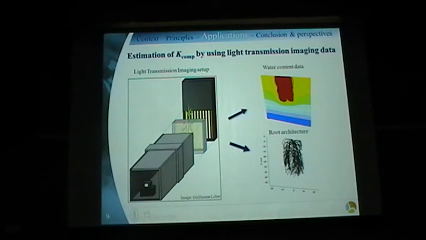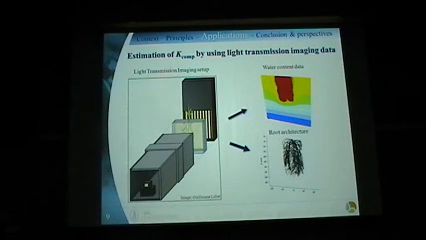During a drought experiment of 3 days, thanks to pictures that we take with a camera and calibration, we can observe the water content distribution. When we observe that water content distribution, which evolves with time, we also obtain information about K-comp. This allows us to do inverse modeling so as to characterize the parameter experimentally.